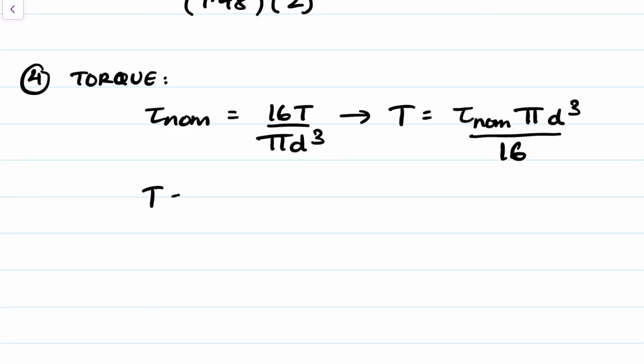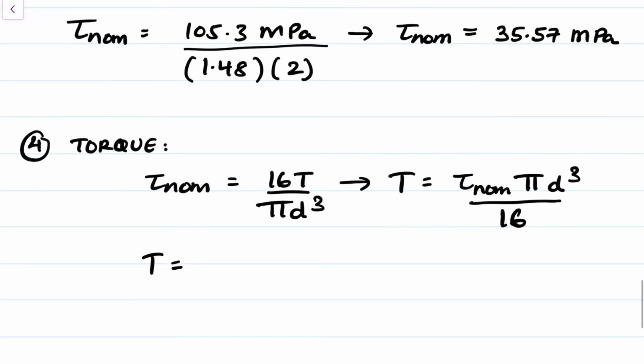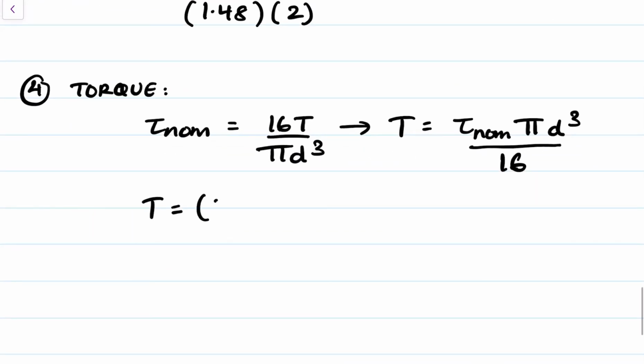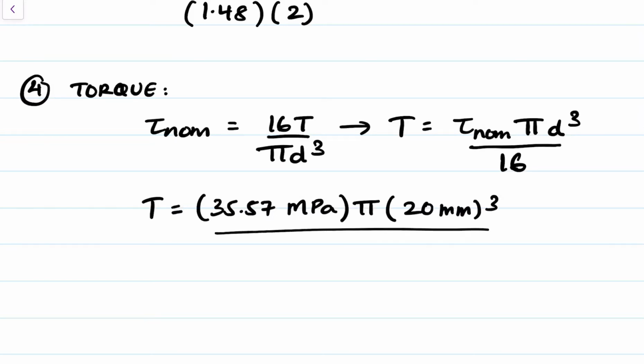So the torque is equal to 35.57 megapascals times pi times our smaller diameter, because that's what we use to find tau nominal, because that gives us the highest value for the stress. So 20 millimeters cubed, all over 16.